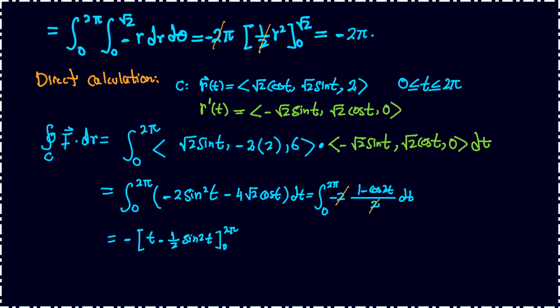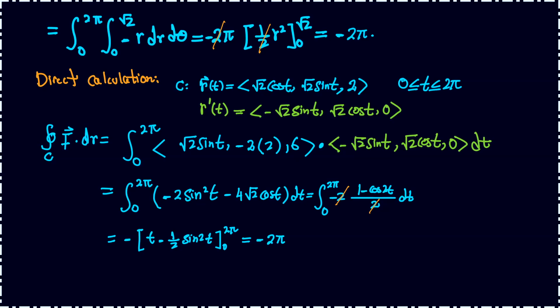You can also argue that the integral from 0 to 2 pi of cosine 2t, by the net area theorem, is 0. Okay, you could see that if you put 2 pi or 0 into sine, you're going to get 0. All right, so this is just going to give you negative 2 pi.